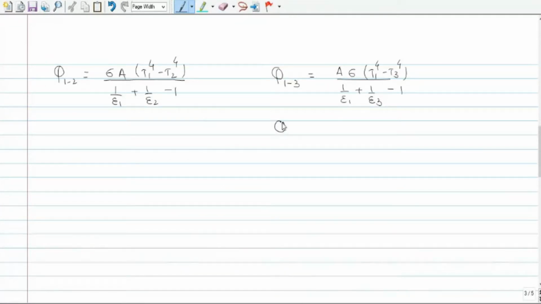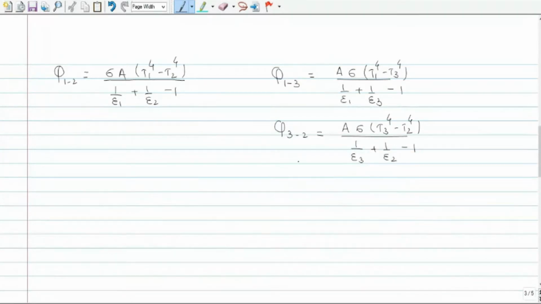Similarly, we can write the expression for surface 3 to 2, which equals A into sigma in the bracket (T3 to the power 4 minus T2 to the power 4) divided by 1 upon E3 plus 1 upon E2 minus 1.